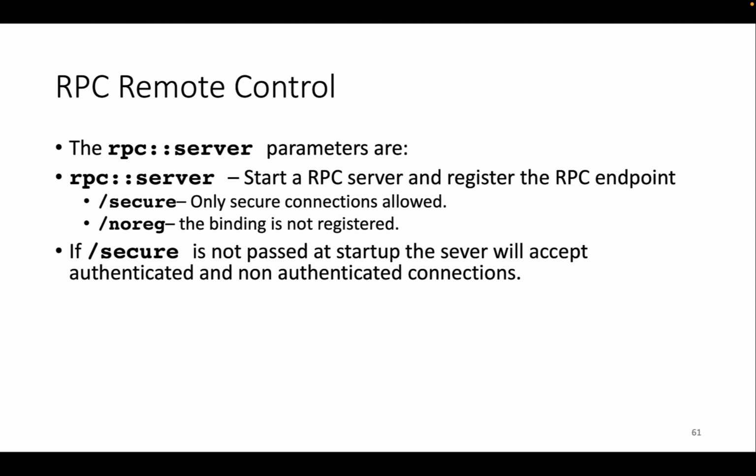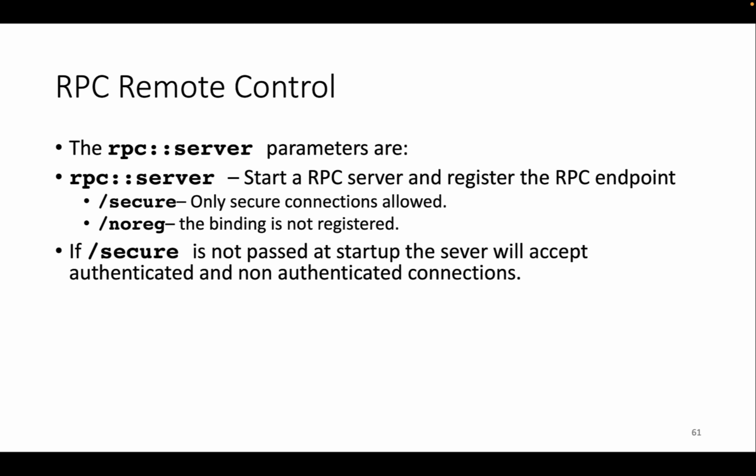So RPC server, I can run it without any parameters at all. And that will just simply start a regular RPC server, and it won't even require authentication for me to connect to it. It has actually two options that we can use. One of them is called secure, which will force the RPC server to only accept connections that are authenticated locally against the machine.